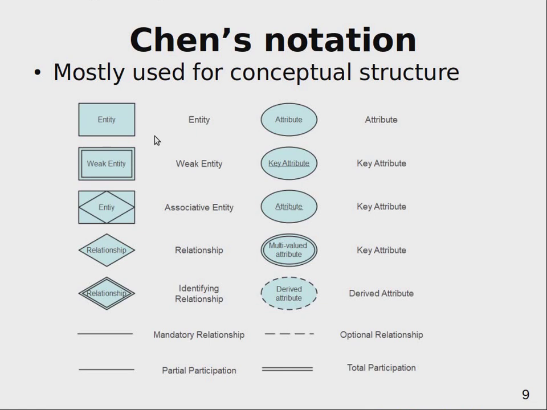In this entity relationship model, you draw different kinds of nodes or boxes, and these boxes may be rounded, but this is just a node in some kind of graph. And these nodes which are rectangular represent entities.